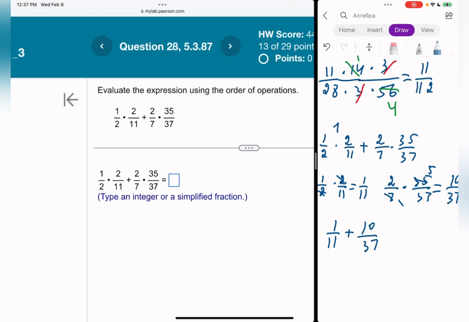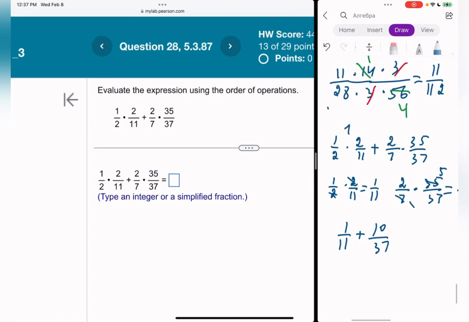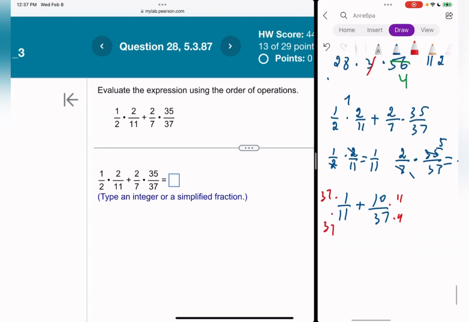I'm multiplying 11 and 37 by each other. So 37 times 11, I am getting 407. So we're going to get 37 over 407 plus 110 over 407.